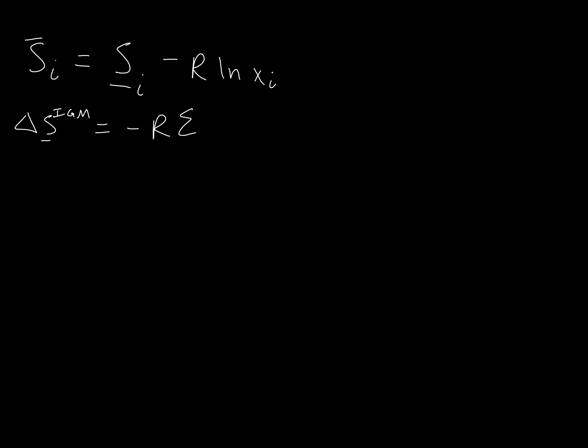So our final result is that we can write that S over bar of i, so this is the entropy in the mixture, is equal to S under bar of i minus R ln of xi, and that the delta S of an ideal gas mixture is equal to minus R summation xi ln of xi.